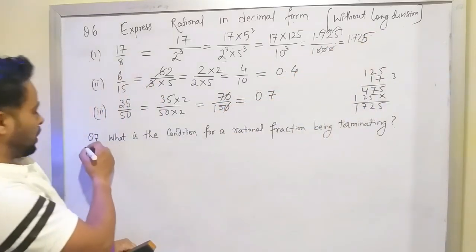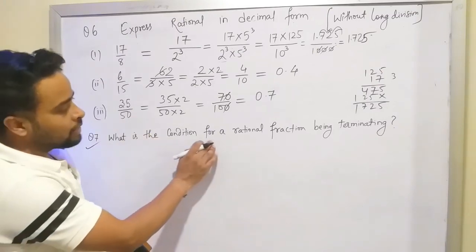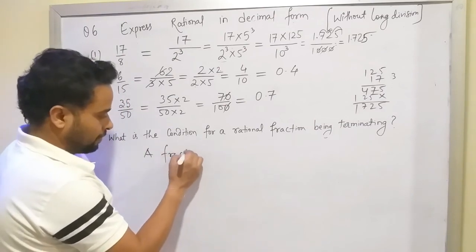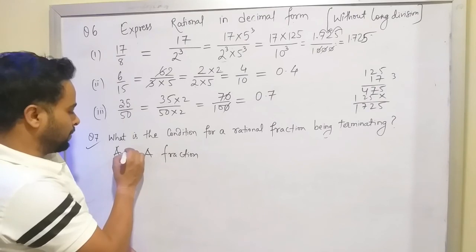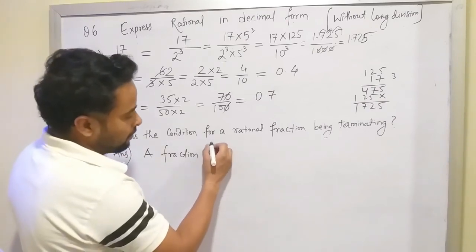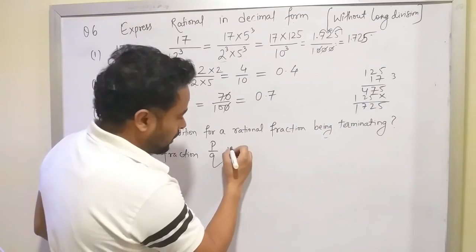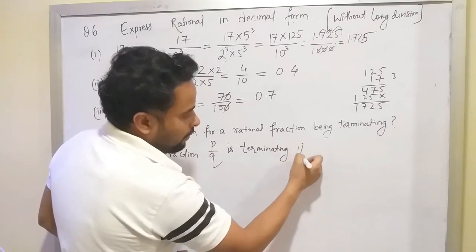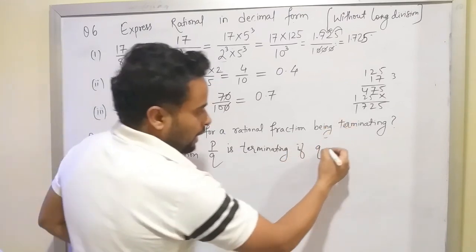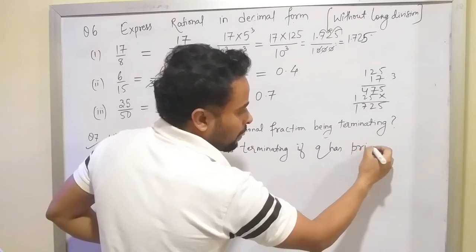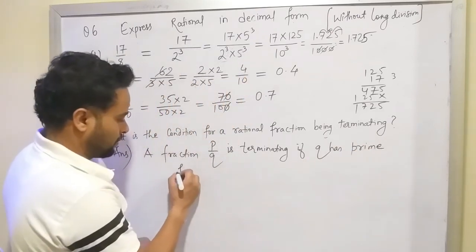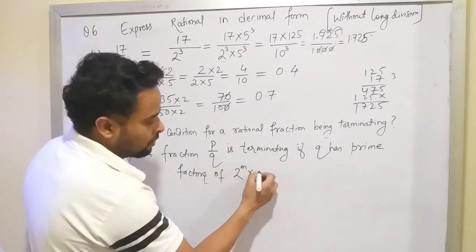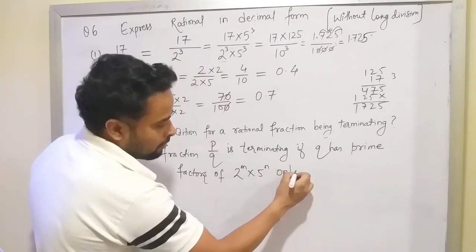This is our question number 7. What is the condition for a rational fraction being terminating? Answer for number 7: A fraction p by q, which is rational, is terminating if q has prime factors of 2 to the power m into 5 to the power n only.